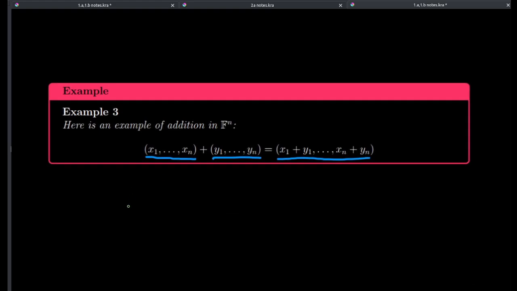Now, the place where things start to get interesting, and I think this is a part that is often not well motivated when people introduce vector spaces, is that you can't do the same thing with multiplication without losing some very nice properties. So here's what I mean. What about multiplication?